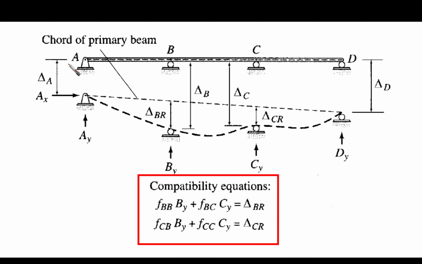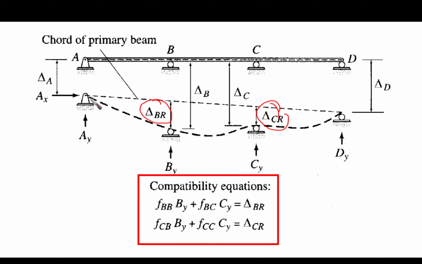Actually, in general, if we say that this is our original beam, which is going to be our indeterminate structure, and this is the elastic line after the displacement or the support settlement.